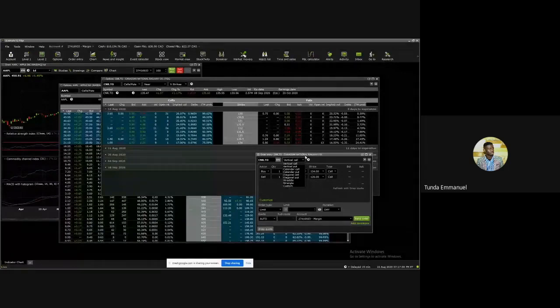So personally, what I do is that I invest 25% of my portfolio in options, and the rest I put in stocks and other investments, to diversify my portfolio and have a backup.